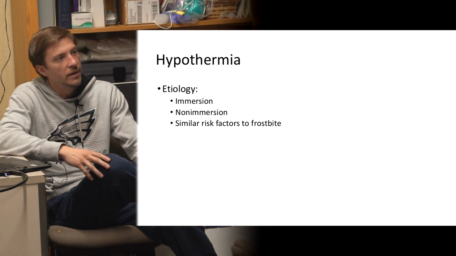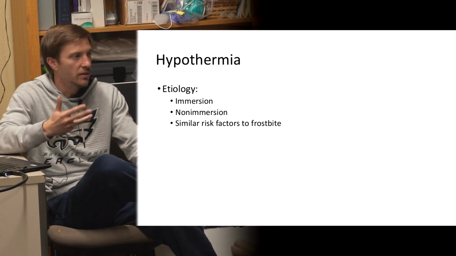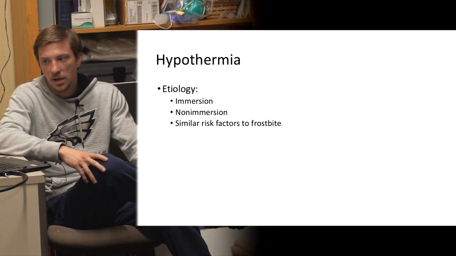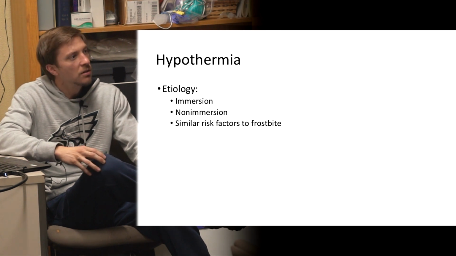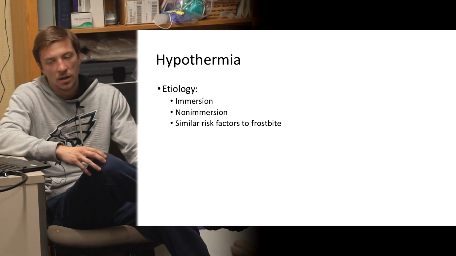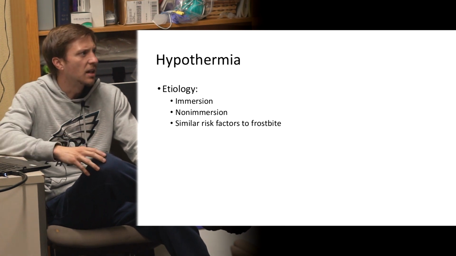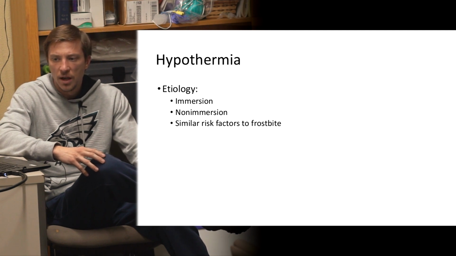So it's going to be the alcohol, the drugs, and all of the other things that we were talking about. You're a little bit more concerned with the elderly in hypothermia as well, for a lot of different reasons, the frailer skin, things like that. And so with the elderly with frostbite, you're just a little bit more concerned.